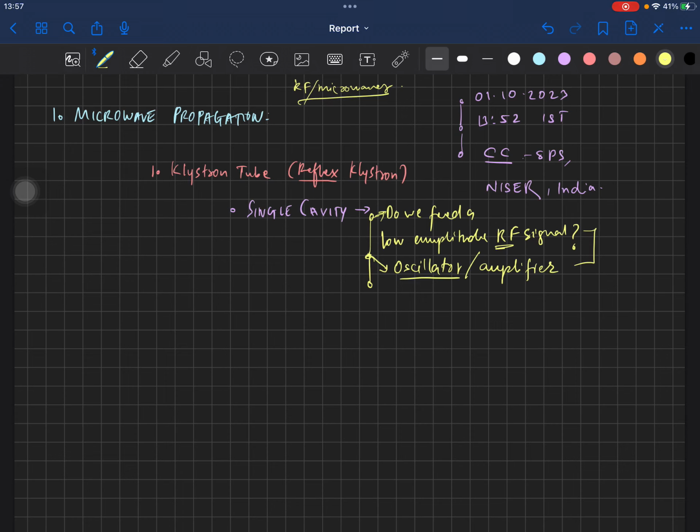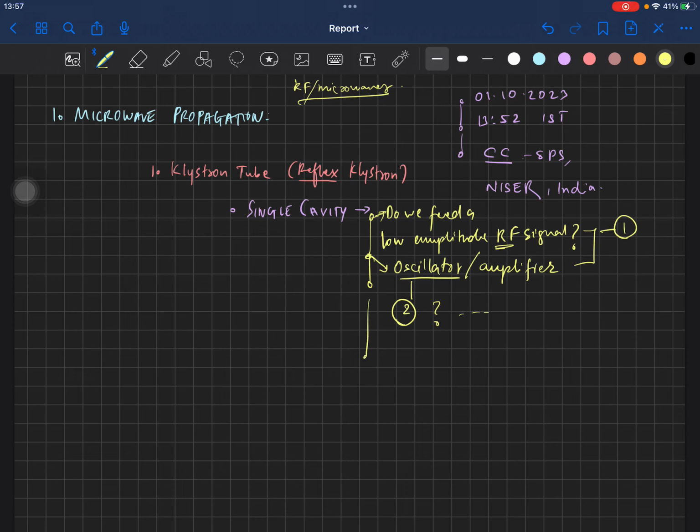Then doesn't that require two cavities? That is my first question. The second question is, maybe you are using it as an oscillator. How exactly are you doing that? Because to have a bunching frequency, you need to provide a low amplitude RF signal at least. So I don't understand that aspect.